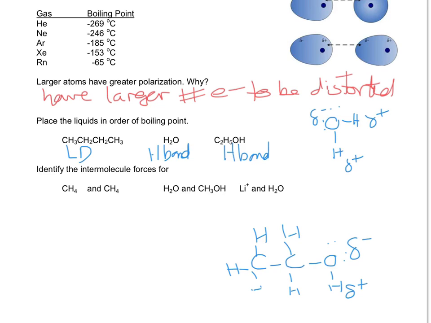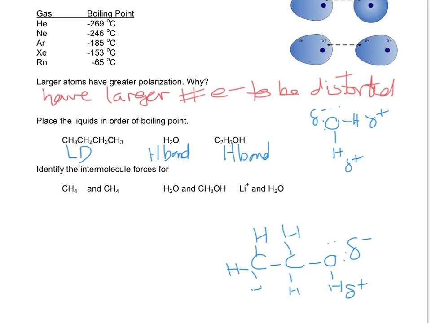But it's really this main end of the molecule that is partially positive or negative that would attract another ethanol molecule. So only a portion of the molecule has that hydrogen bonding, or that attraction to another molecule. With water, there's hydrogen bonding all around. It would attract another water molecule from anywhere.